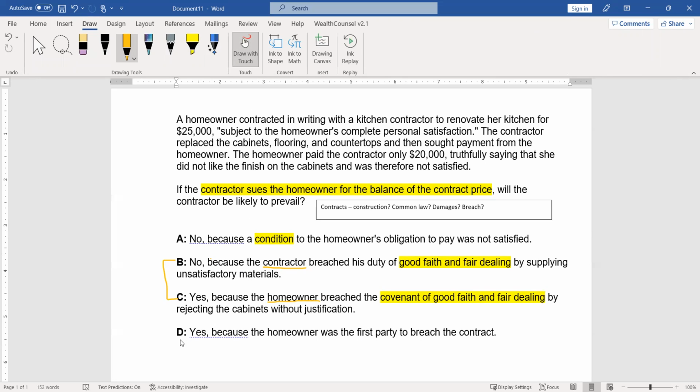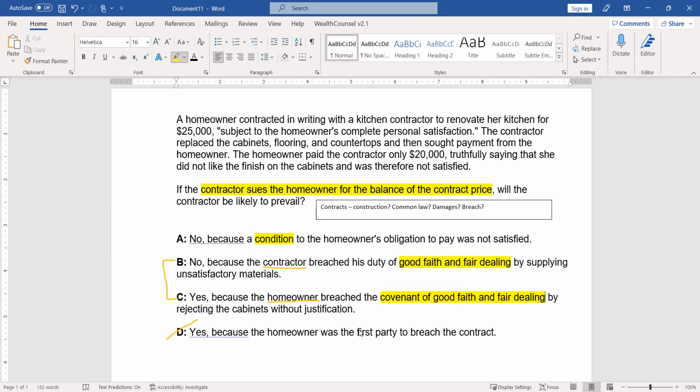I would eliminate this if I hadn't seen the fact pattern yet, because being the first party to breach the contract has never been a factor for determining damages or breach. So I would not consider that whenever I'm going through a contracts analysis, and I would feel comfortable crossing that out. If you don't, then at least make a note that this is not the best when we have some other viable answer choices here.